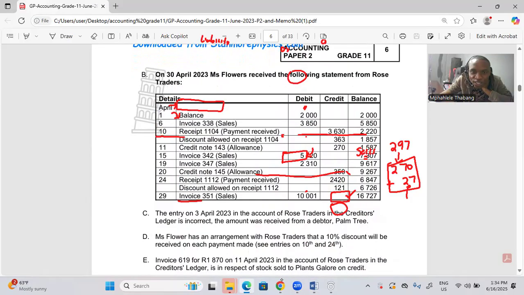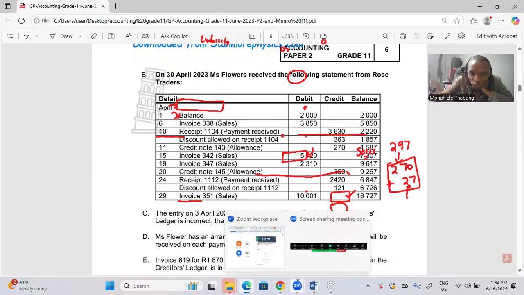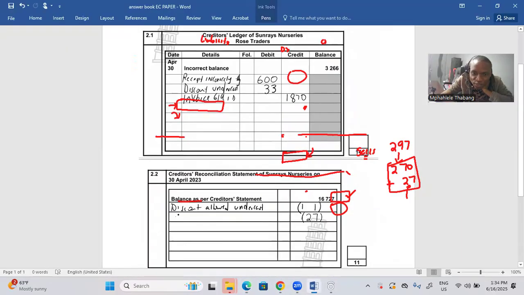So this is a credit note undercasted. Credit note 143, which has been undercast. It was an undercast of credit note. I think it's 143.